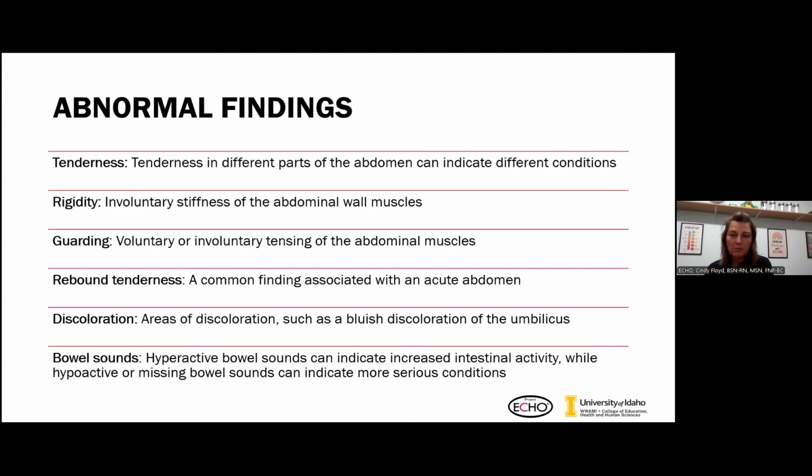Those are acute abdominal findings that we would want to refer on. Any discoloration, bluish coloration. I will say I don't lift a kid's shirt to look at color in the school setting. Maybe when a parent gets here and I have them on site, that's something I would do. I've never had to do that. And then also the bowel sounds, knowing missing bowel sounds can be more serious.